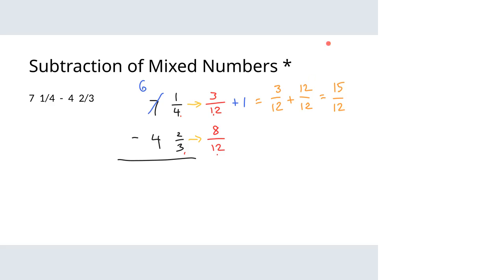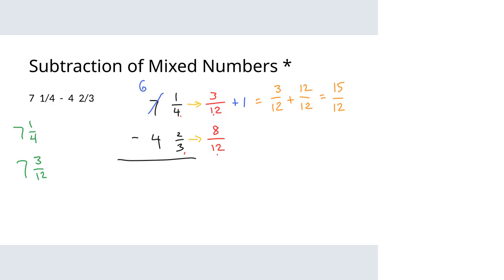In this problem, I started with 7 and 1/4. Because I wanted 12 as a denominator, I rewrote that as 7 and 3/12. Then because I wanted to subtract, that 3/12 was no good. This 8/12 down here was too big.